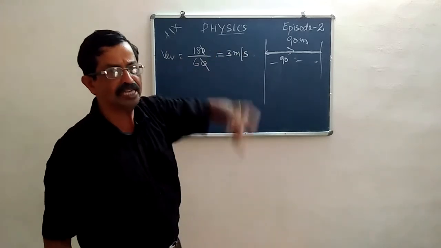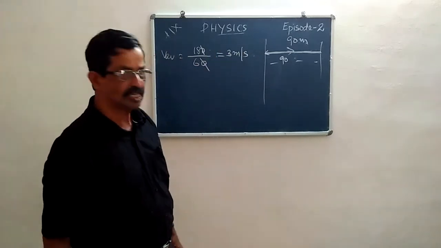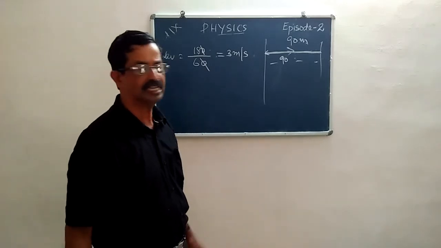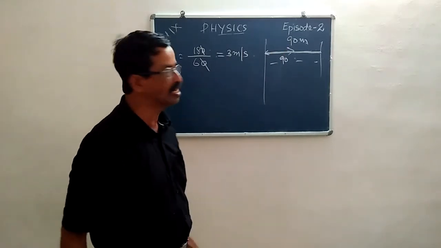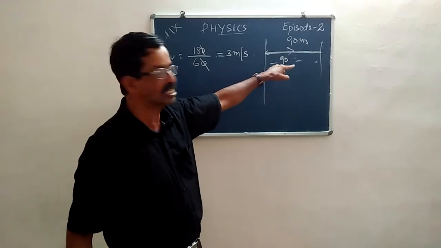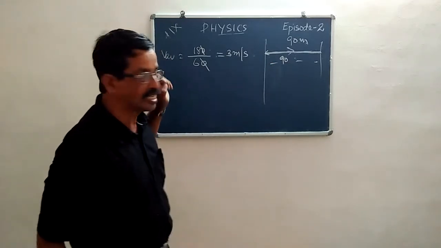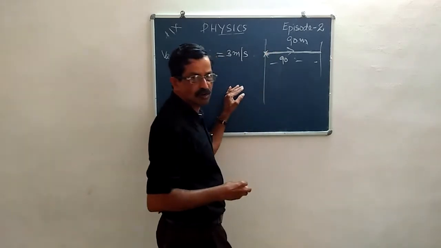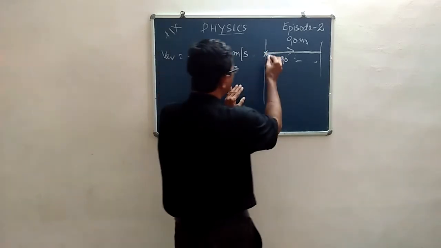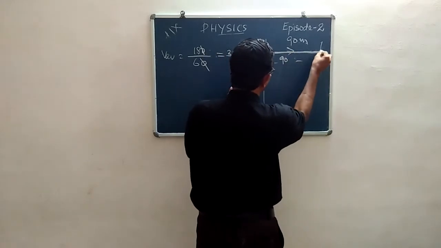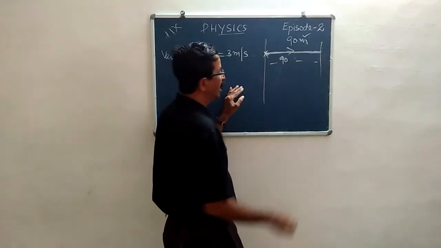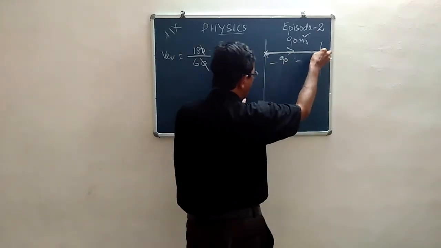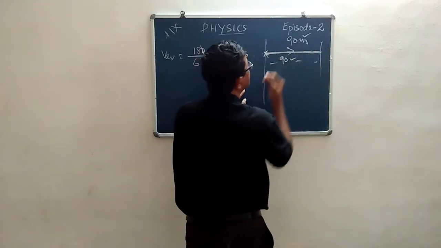And now we want to find out average velocity also. See, she starts from one end of the pool, and she swims to the other edge, that means 90 meter, and along the same path she returns back again 90 meter.